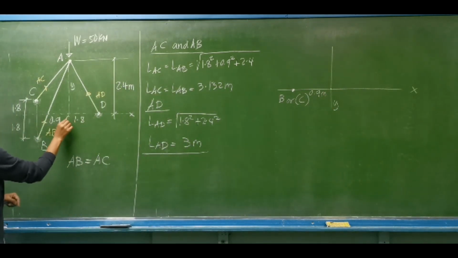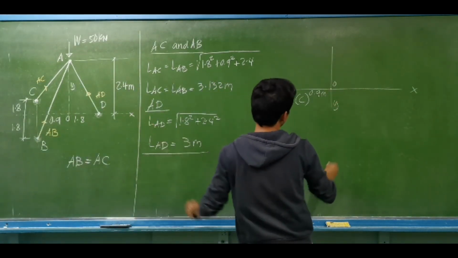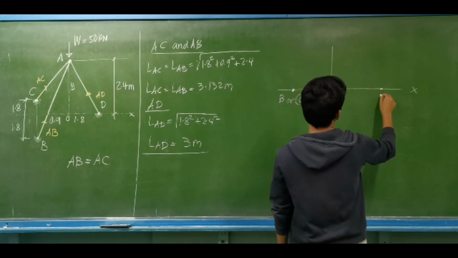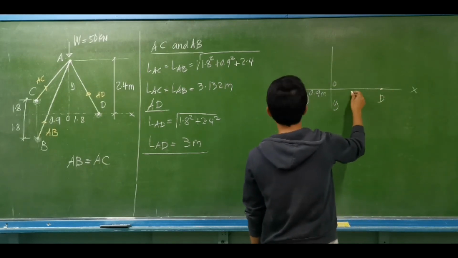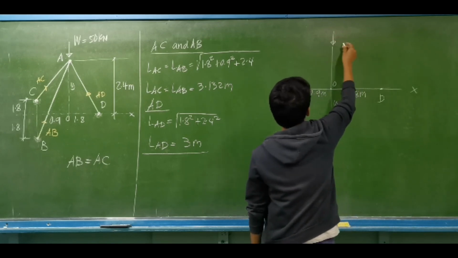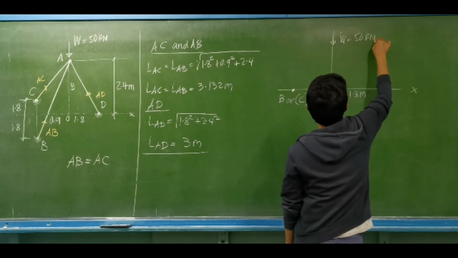So let's say this is our origin. And then at point D, it is at a distance of 1.8 meters. At this point, we have the weight equal to 50 kilonewtons.